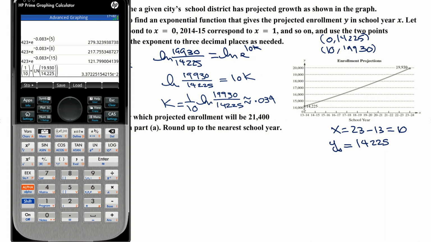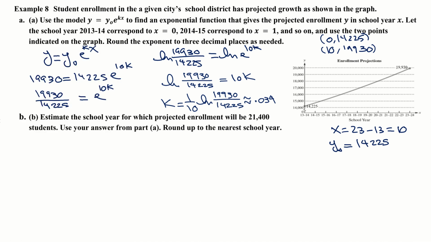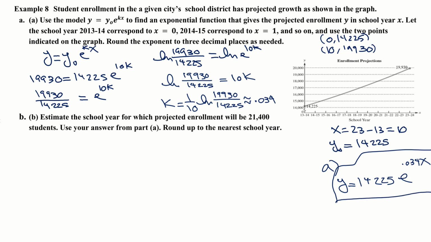Now we're ready to actually go ahead and write the general formula. So this is the continuation of part A. So our formula is going to be y equals y0, which is 14,225, e to the k, which we now know is 0.034x. Okay, so this is the general exponential relationship between these two values.